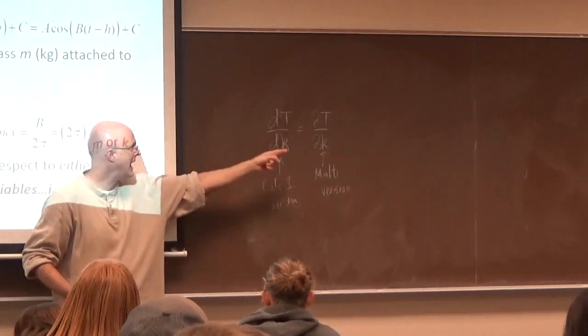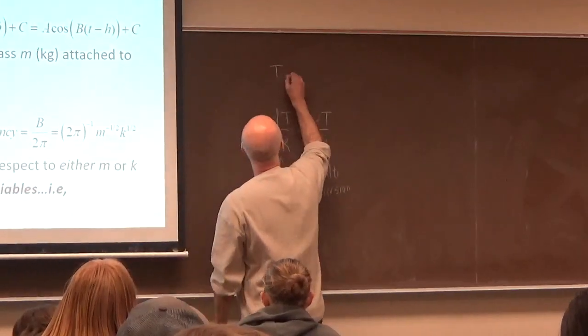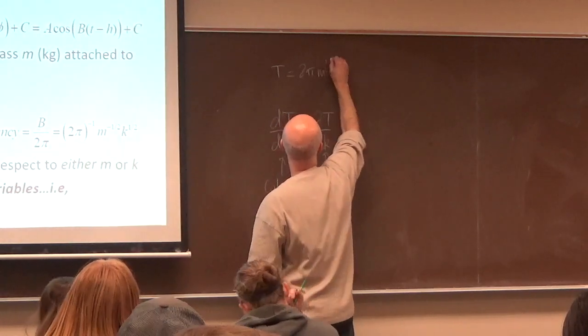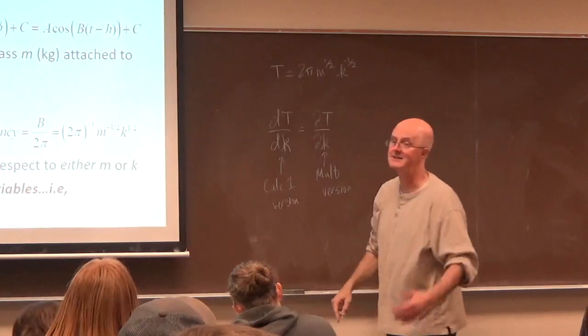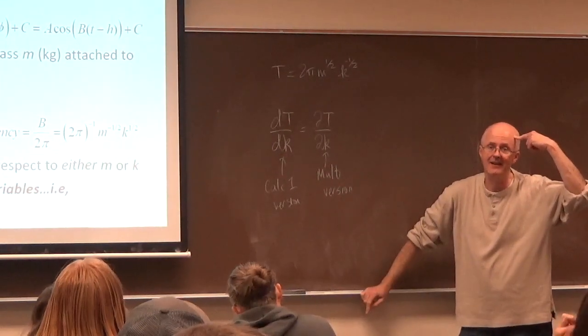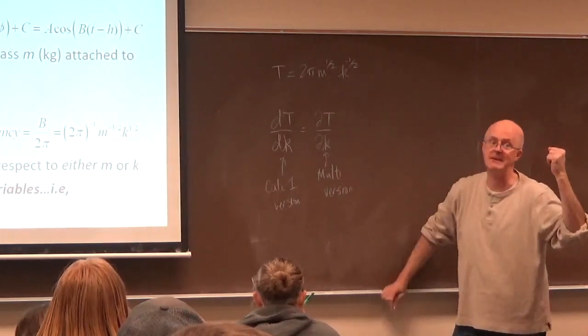It's just kind of a reminder, hey, this quantity T depends on more than one variable. If I want to think of these things as being variable. And again, I say, whether something is a constant or a variable is all in your head. It's just a mode of thinking. I can think of either M or K, or both, as being variables if I want.